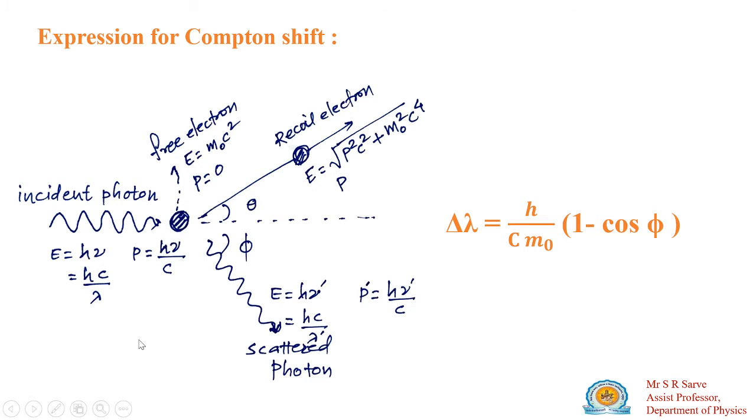First of all, this is your incident photon, like if you take a laser pointer. This incident photon, when it collides with this electron which is in the rest position, will get scattered in another direction, and the photon will also get scattered in another direction.